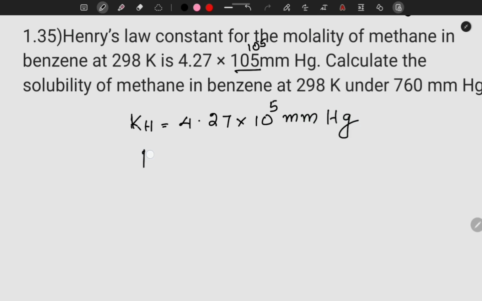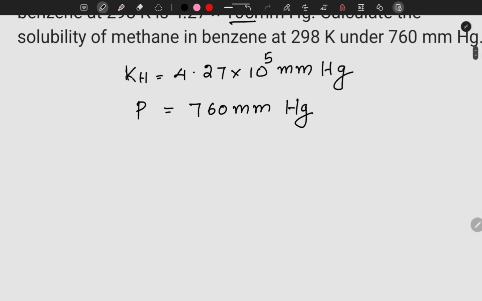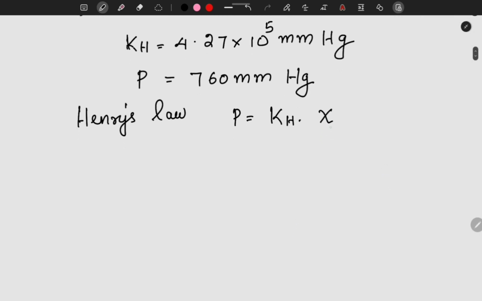Then pressure is given as 760, 1 atmospheric pressure, 760 millimeter mercury. So according to Henry's law, we know P is equal to KH into chi of methane. So here we can find out the mole fraction of methane is equal to P by KH.